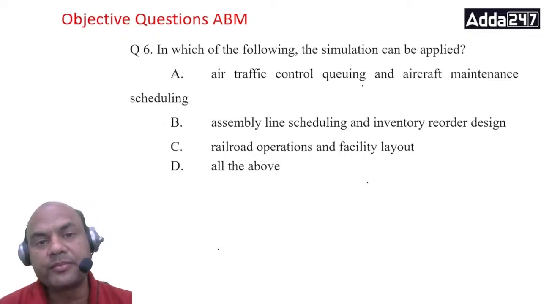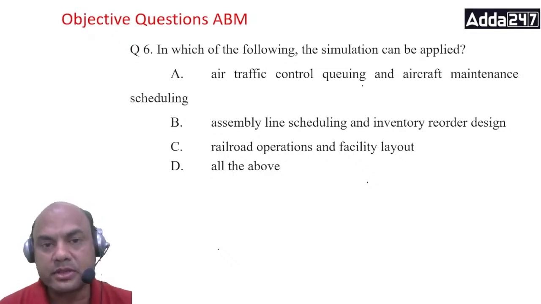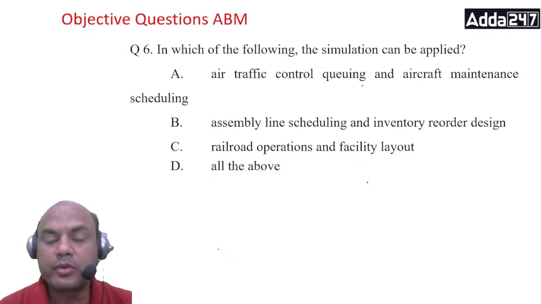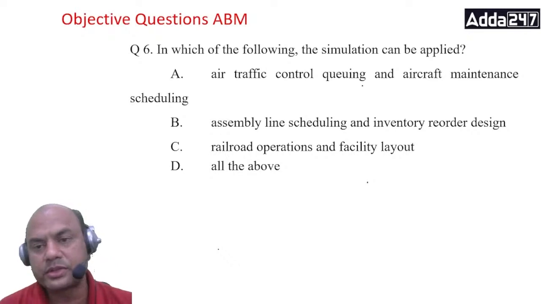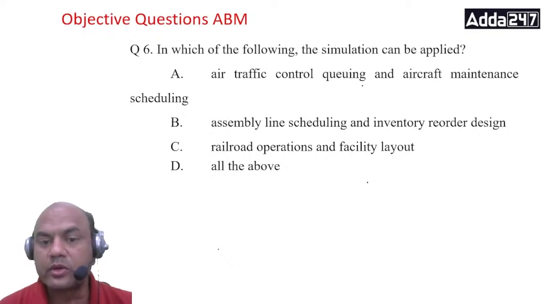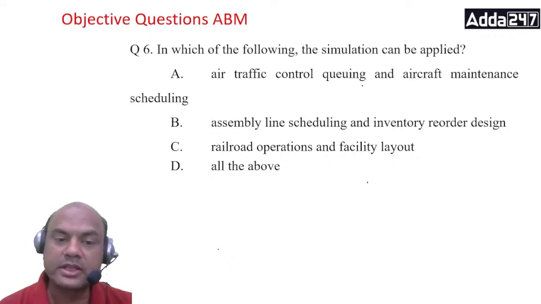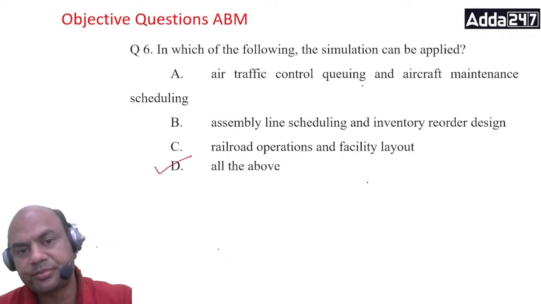Simulation was basically mimicking the actual life situation in the form of a prototype. So where can you use this? You can use it in all of these. Air traffic control, you can use it. Assembly line scheduling, you can use it. Railroad operations, you can use it. So answer is D, all of the above, right?